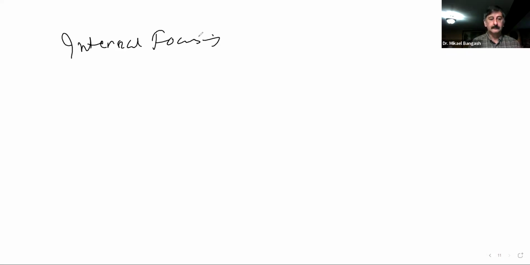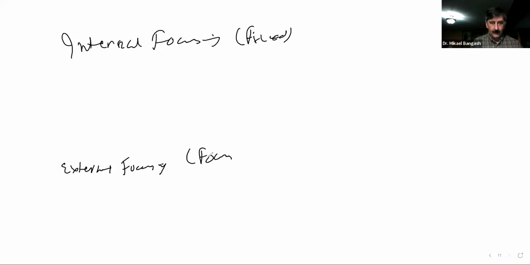Let us just look at it. Now, what does it mean to have an internal focusing? So in this case we see internal focusing, and on the other side we say external focusing. Both of these are fixed.